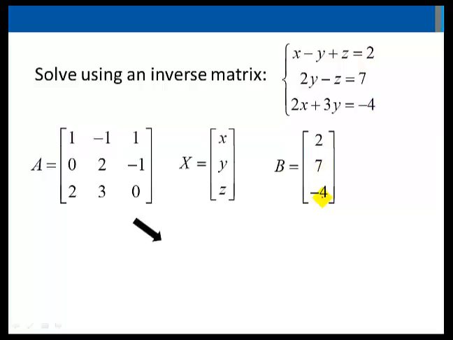In the last video, we also found that the inverse of this matrix A was equal to a 3 by 3 matrix with first row of 3, 3, negative 1, second row of negative 2, negative 2, 1, third row of negative 4, negative 5, 2.